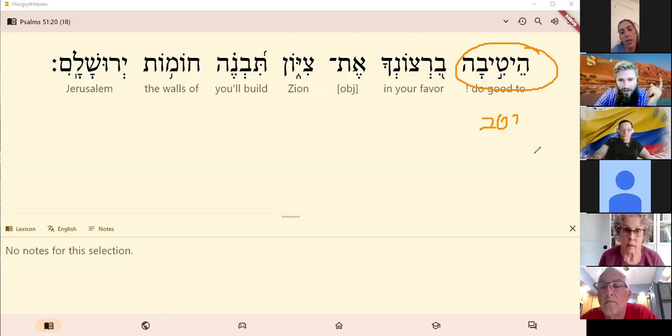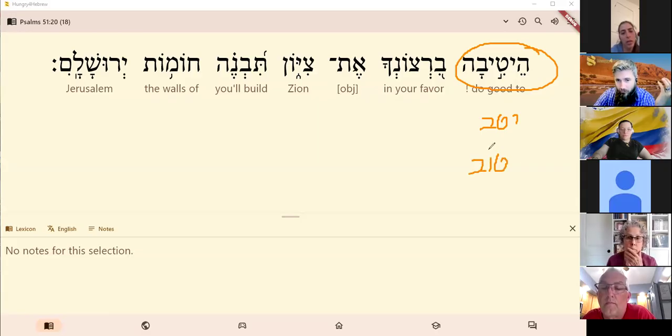So there's a good chance, in fact, again, this is just my theory, there's an interesting connection between this Yatav, which is obviously the root of Hetiv, and the word that we know as Tov. It could be completely wrong, but just bear with me.